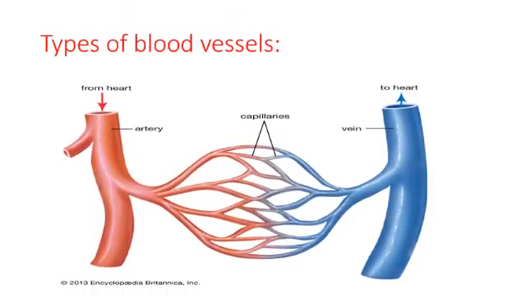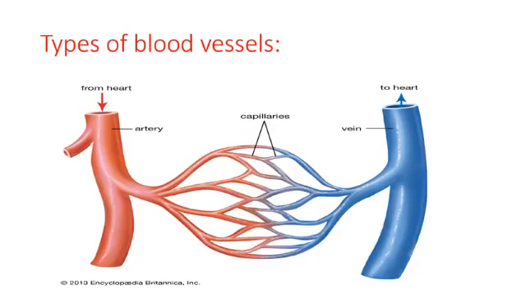Types of blood vessels. As we said previously, blood vessels are responsible to transport blood throughout the human body. We have three types of blood vessels: arteries, veins, and capillaries. What is an artery?